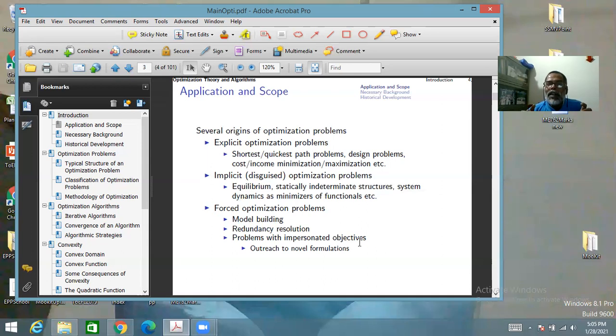The optimization framework lets you define something that you want to minimize and then say: minimize this thing subject to the entire description of the region you put as constraints. So this is impersonated objectives.